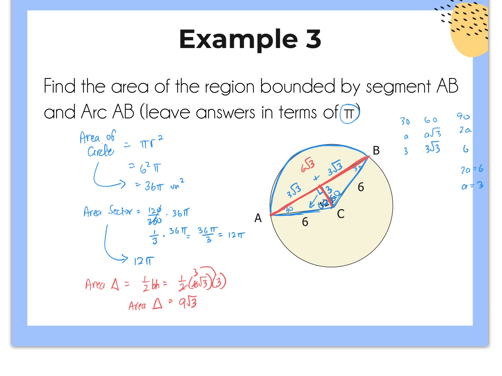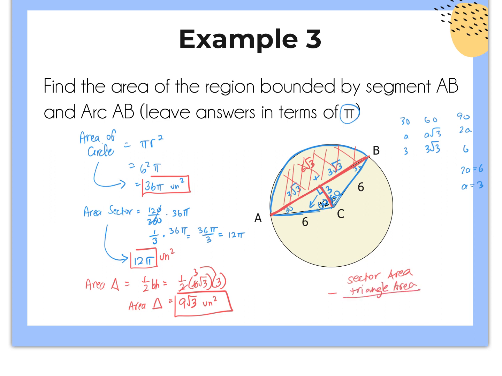So now that I know the 3 areas, the whole circle, which helped me find the sector, and the triangle, I have what I need. The shaded area, this is the area that we were looking for. That's going to be the sector area minus the triangle area. That makes sense, right? That's going to leave you that little piece. So the sector area is 12 pi, and the triangle area is 9 radical 3.